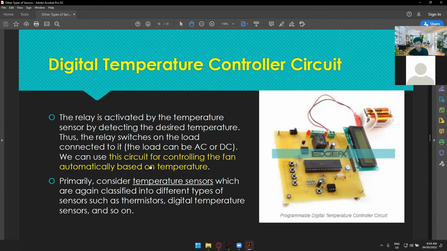If the temperature is quite high, then it will turn on the fan, maybe, based on its title. And if the temperature is low, wherein it's quite cold, then of course the fan will not be turned on. So that's how this temperature controller circuit works.